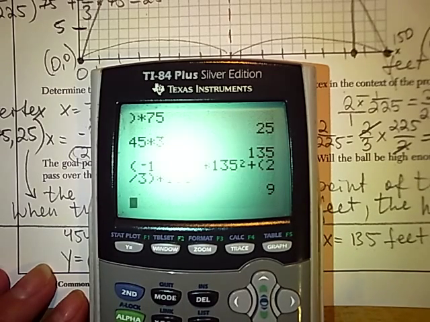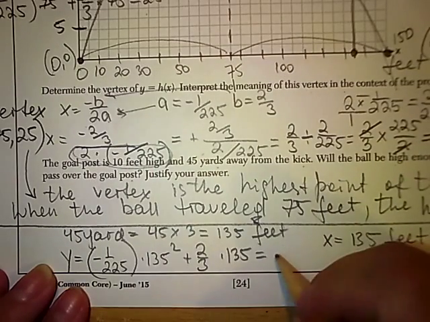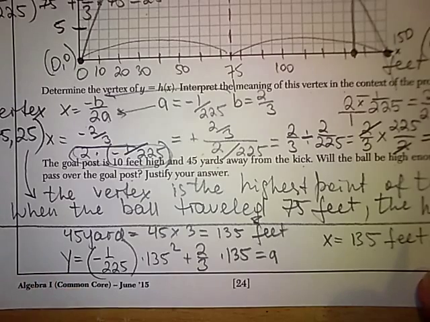Press enter and the answer is 9. So when the ball is 135 feet away, the height will be 9.